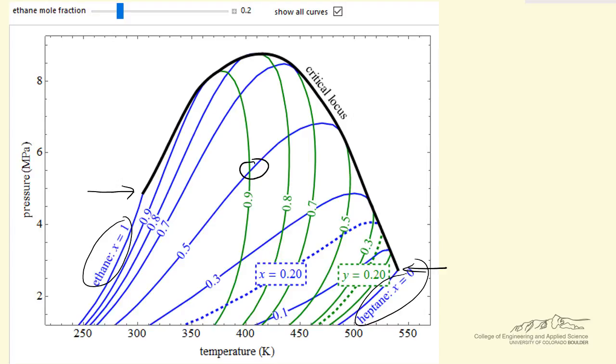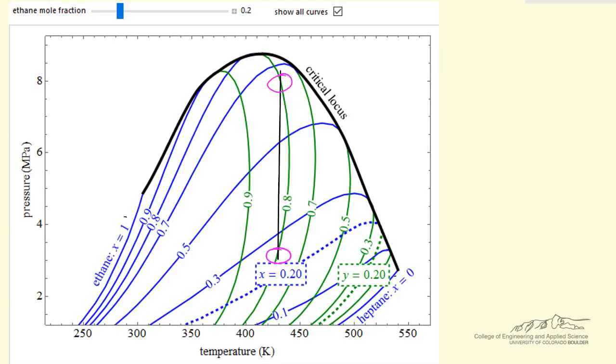The other thing to notice about this diagram, for some compositions, if I draw a vertical line, let me stop and do that. So note I've drawn a vertical line that says mole fraction vapor of 0.8 at the temperature of about 430 Kelvin.